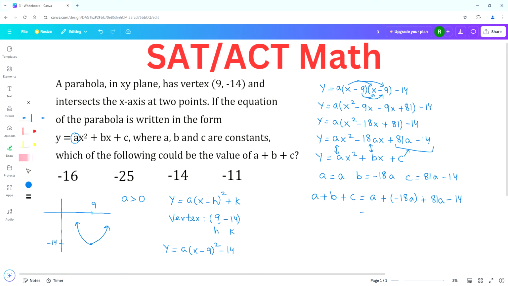Now we can combine like terms. a plus negative 18a is equal to negative 17a. Negative 17a plus 81a is equal to 64a.